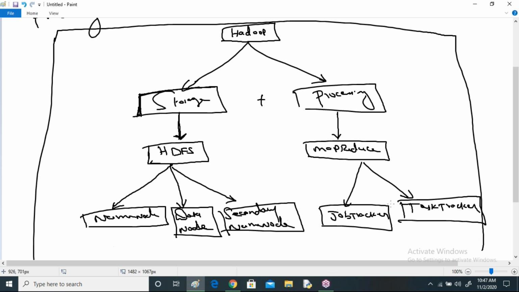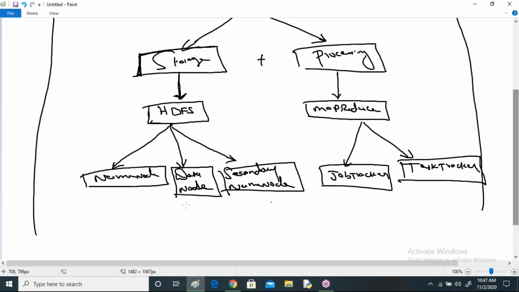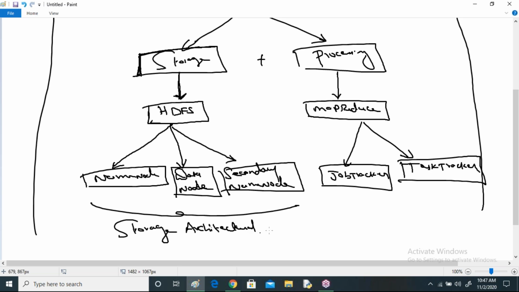This we call storage architectural components, and this we call processing architectural components.